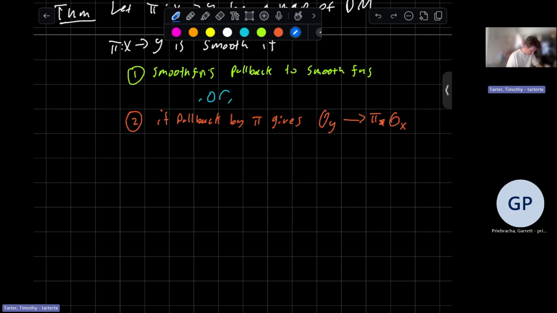So, want to show there exists phi. Did I already use phi?